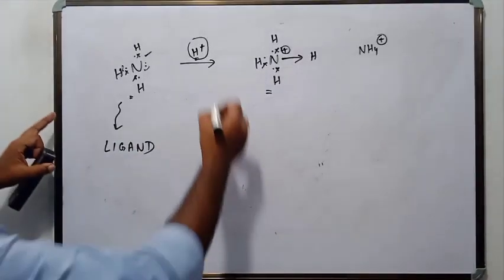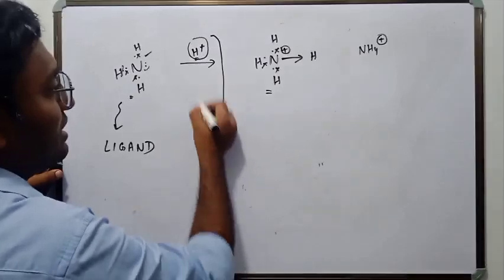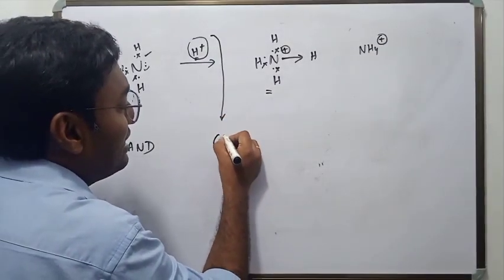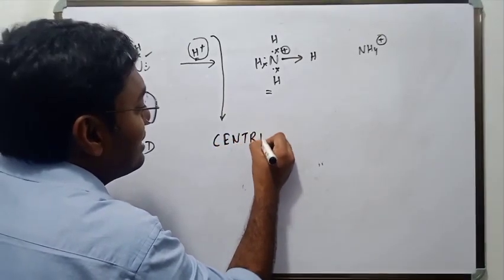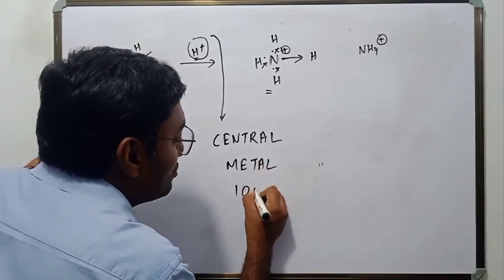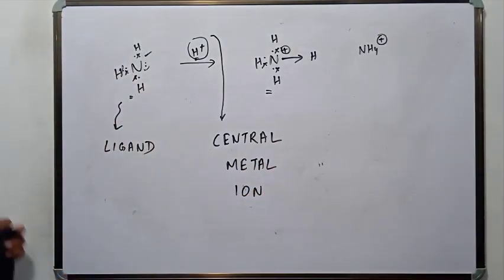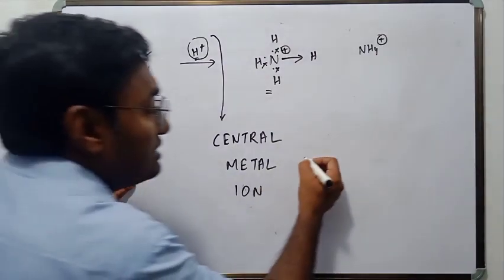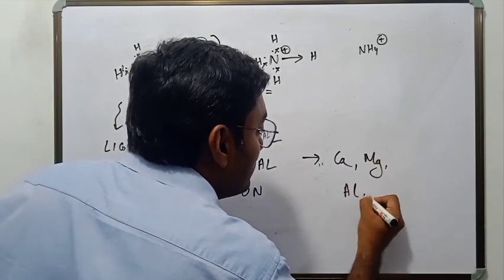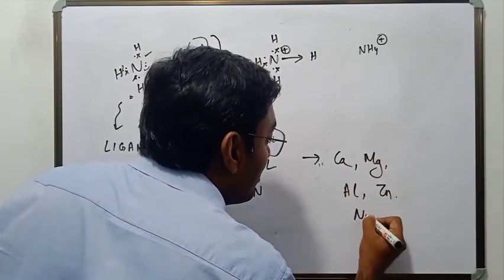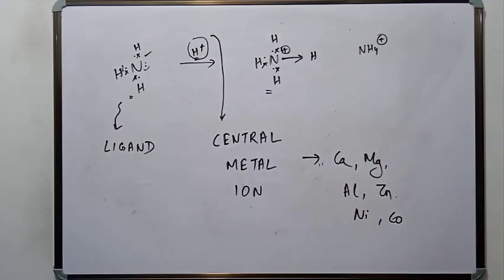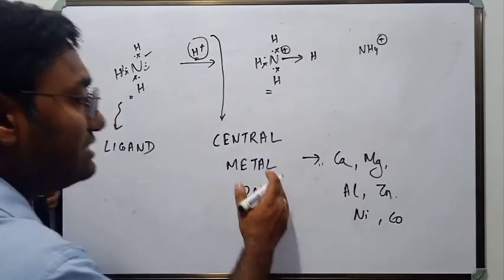Most of the time the acceptor in a coordinate covalent compound is called the central metal ion. Central metal ions are those elements which are called transition elements in the periodic table. So this includes calcium, magnesium, aluminum, zinc, nickel, cobalt, etc. They act as central metal ions.